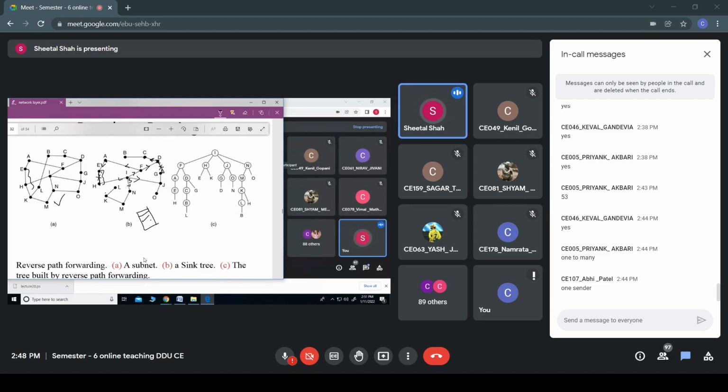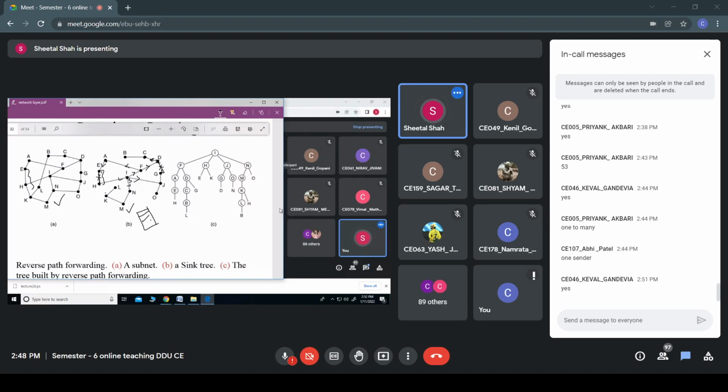But the thing is that all of them should have the knowledge of the spanning tree of this router I. Is this thing clear, everyone? So this is also a kind of broadcast, but by using the spanning tree, everyone should have the knowledge about the spanning tree of all the rest of the routers.